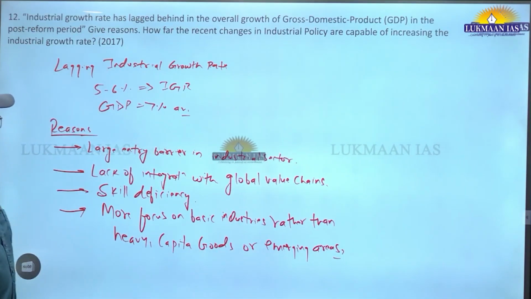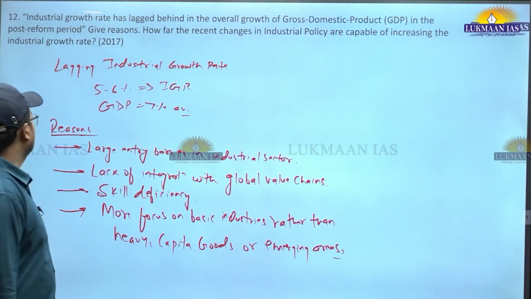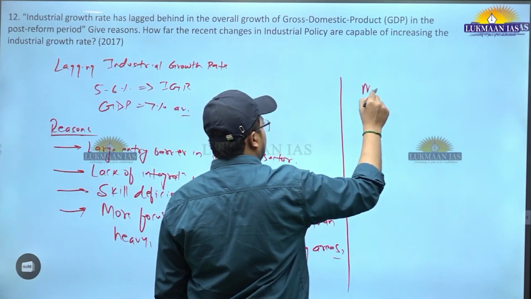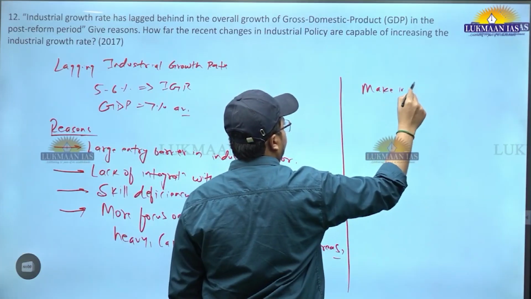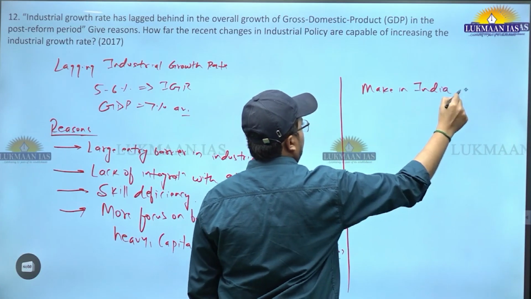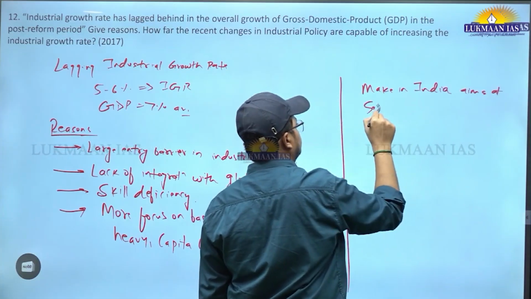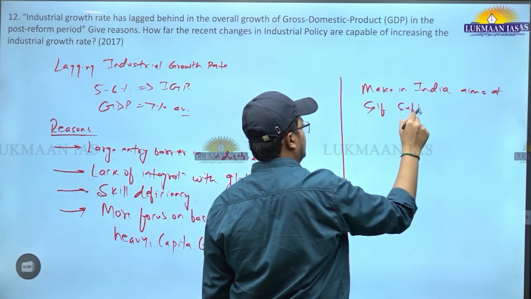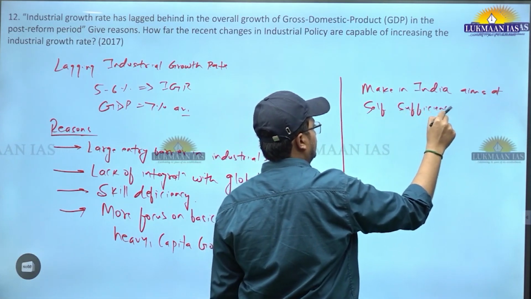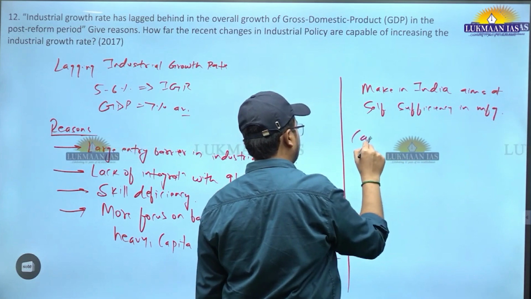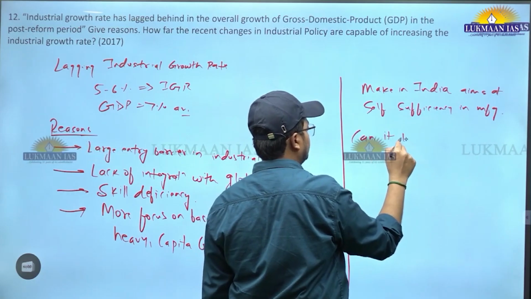How far are the recent changes in industrial policies capable of increasing industrial growth? Make in India aims at self-sufficiency in manufacturing. Can it be achieved?